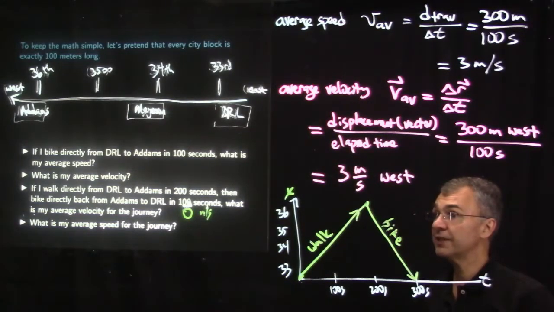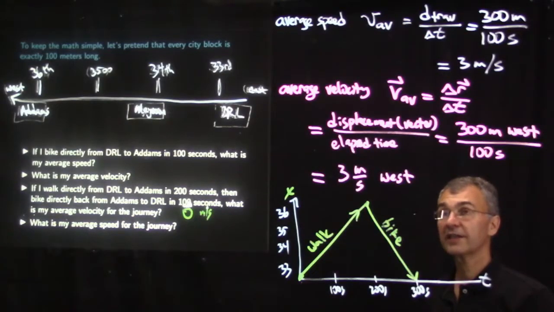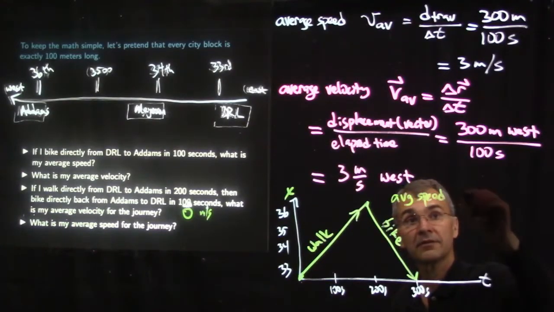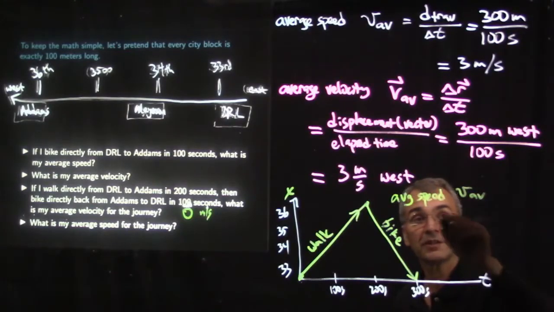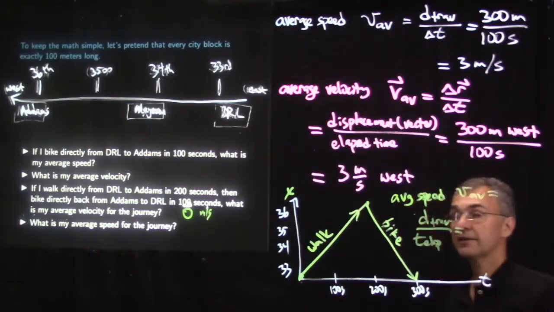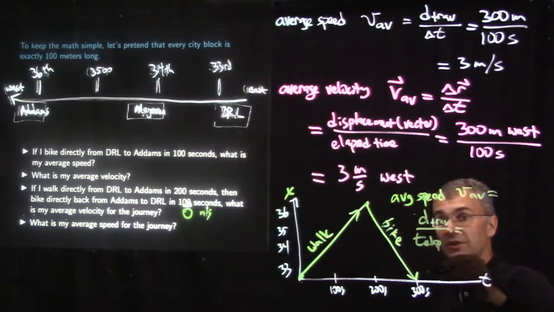What's my average speed for that journey? Oh, now I do have an average speed. To get the average speed, I need the distance traveled divided by the elapsed time. So the average speed, that's v_av with no arrow over it, is the distance traveled divided by the time elapsed. And the distance traveled is, I go 300 meters one way and then 300 meters the other way.